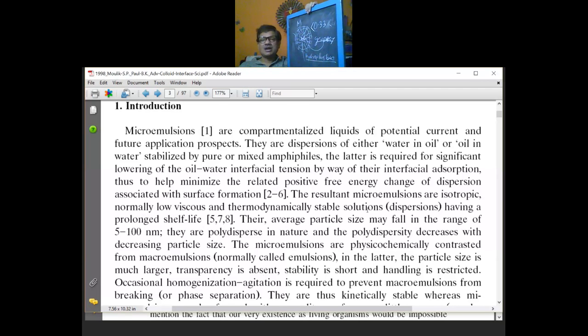So we already have discussed the application of surfactants in the synthesis of nanomaterials. Here you see the surfactants can be used as detergents for cleaning purposes.